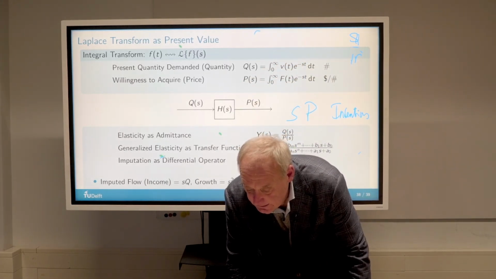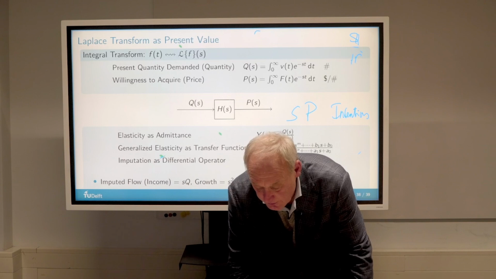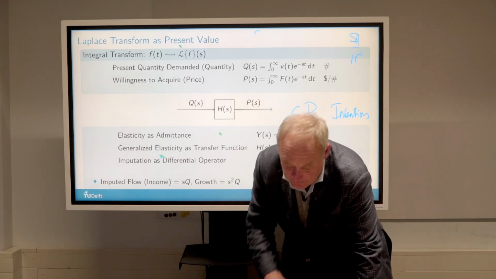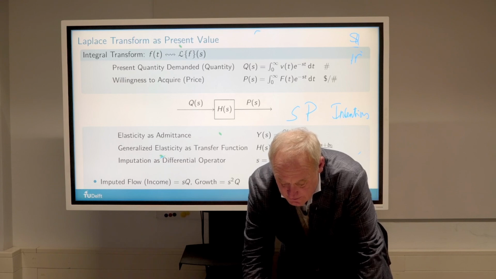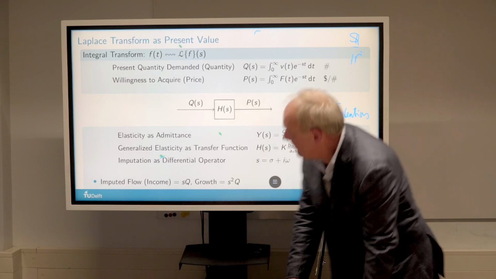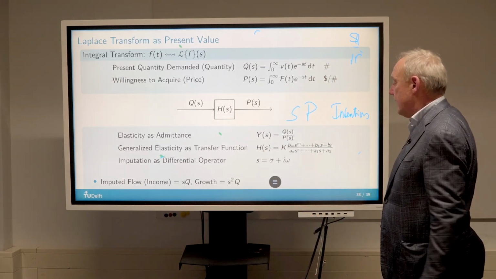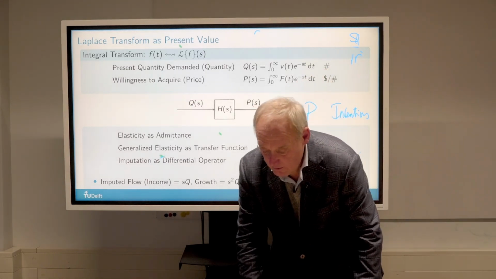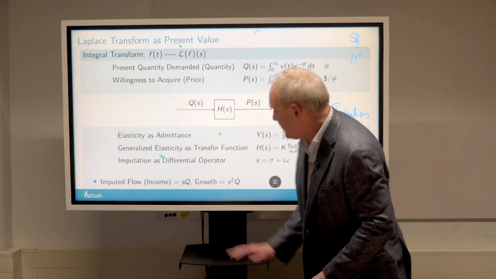Well, that was just a nice idea. You can also call it your imputed present value of your imputed willingness. I think I called it the intentions. I thought about these things a while ago. I'll fix this slide later.